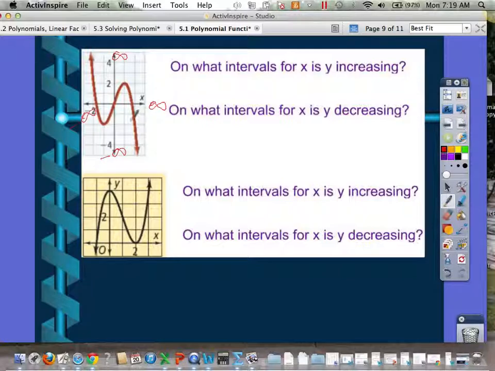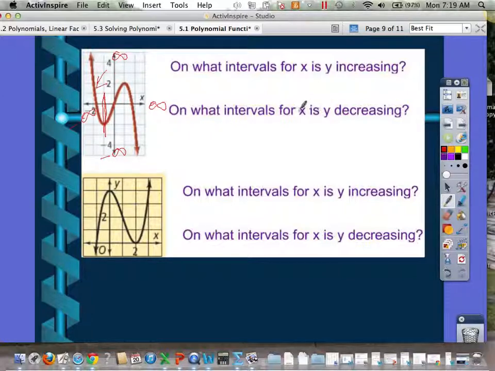So in other words, where is it going up on the y? Okay? From here to here, from negative infinity to this x right here. That's at -1. From here, because it's going on forever, to here, this is decreasing.